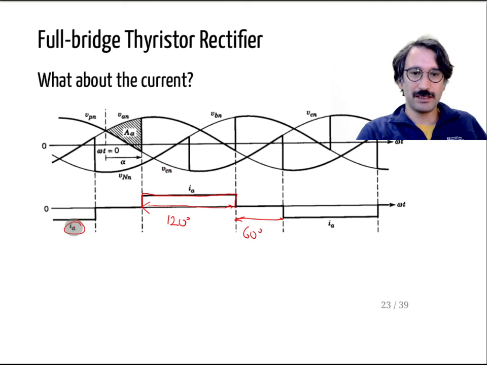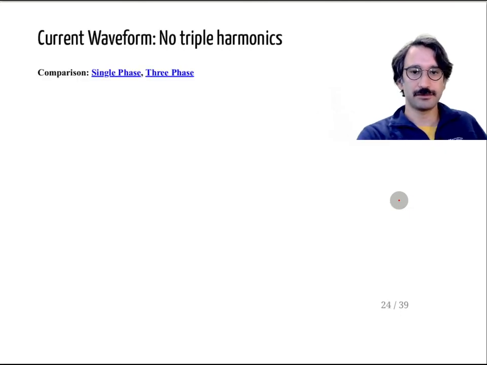This is for phase A. During that time, phase B and C grid lines are doing all the circulation. So phase A is off, and for 120 degrees it is negative. So it was again that typical waveform that you will see in a 3-phase diode rectifier, right?